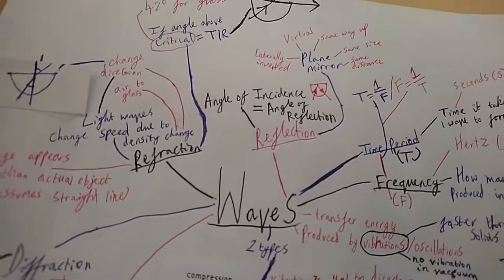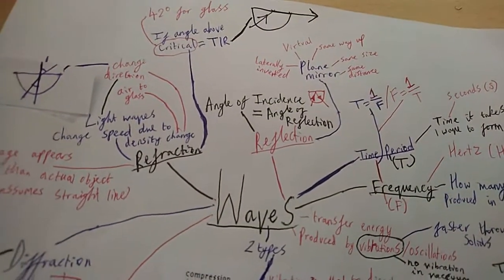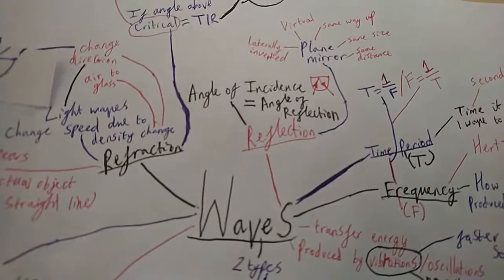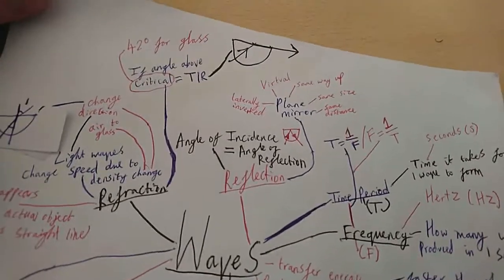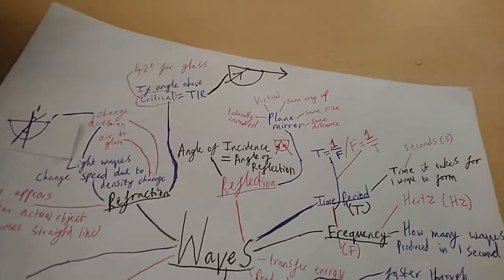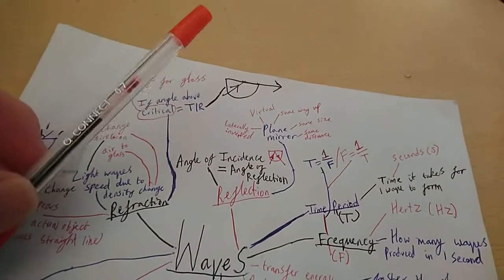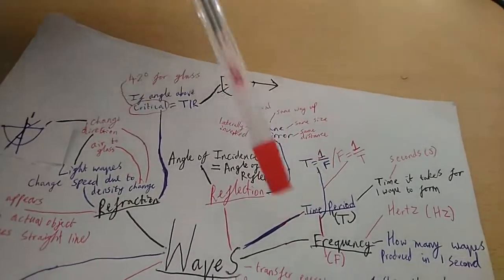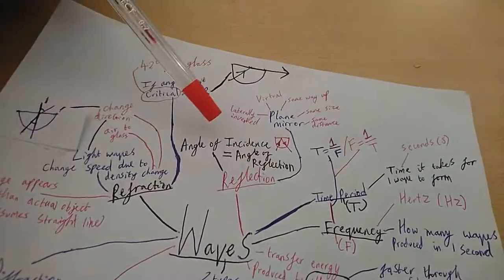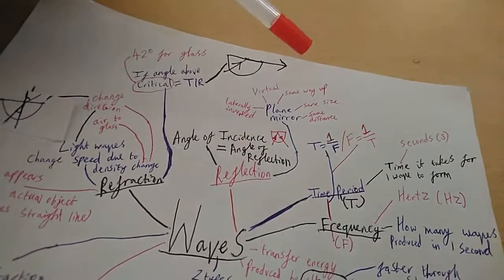So let's get on to more things about waves, in particular light waves. So reflection. The angle of incidence equals the angle of reflection in a plane mirror. So basically, if you hit it at one point, it will bounce back at the same angle.